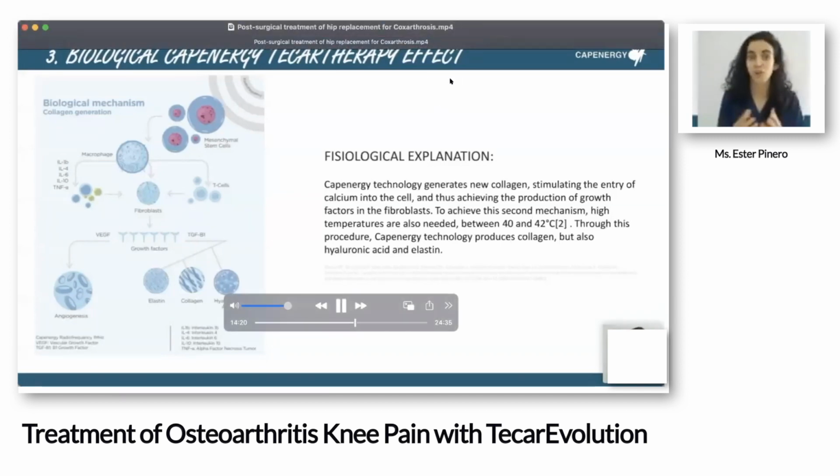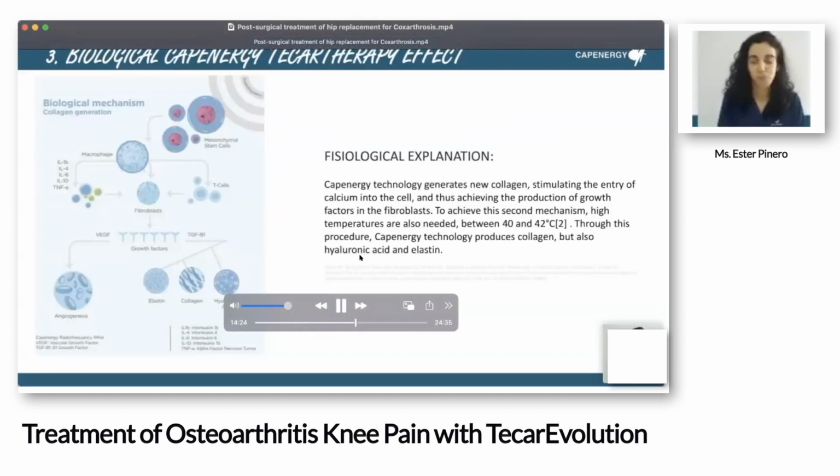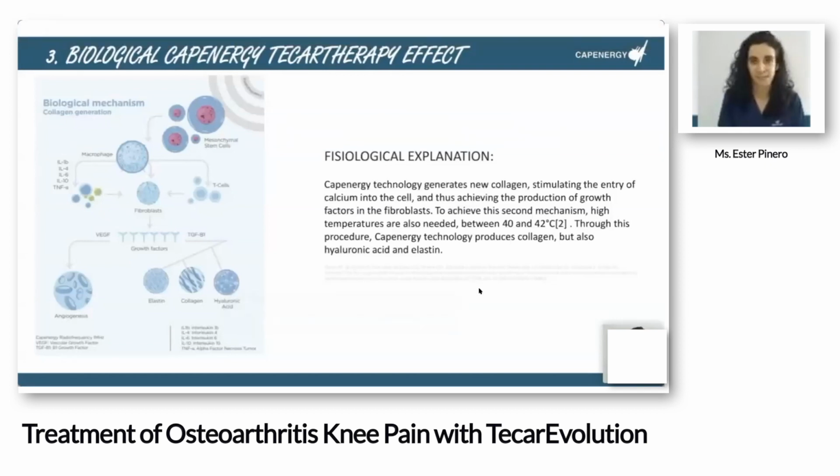Then we will not restore the type 2 collagen inside the joint of the knee, but we will restore all the collagen of all the structures that are not the cartilage. Okay, then this is very useful to have a good condition of the knee, of all the knee.